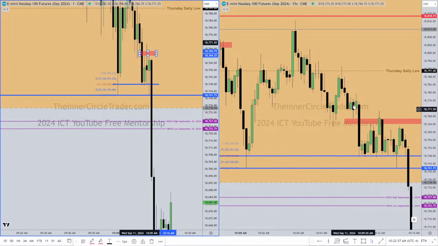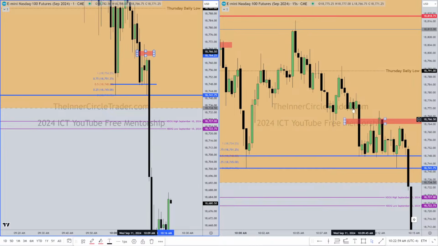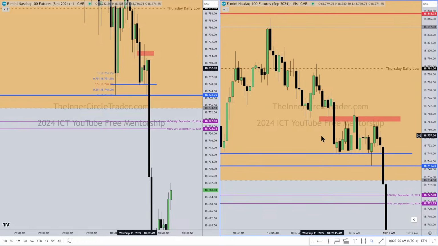So now the low of this candlestick on that 15-second chart is this candlestick's low here that makes the high of that inefficiency. This candlestick's high makes the low of that box, okay? And that's this candlestick on the 15-second chart. So now watch what's happening here. Inside of this inefficiency, if you were just looking at a 15-second chart, you would think that this to this is your gap.